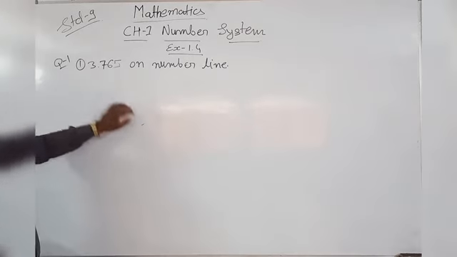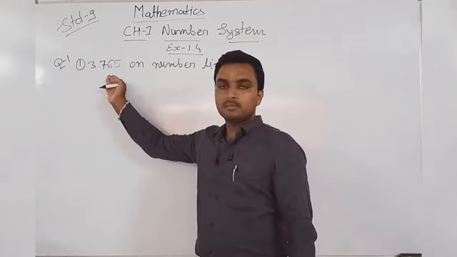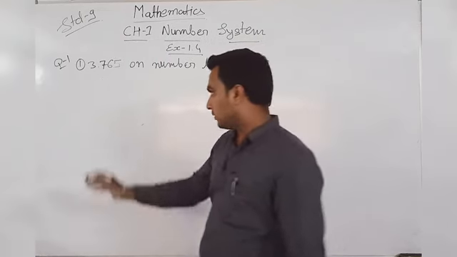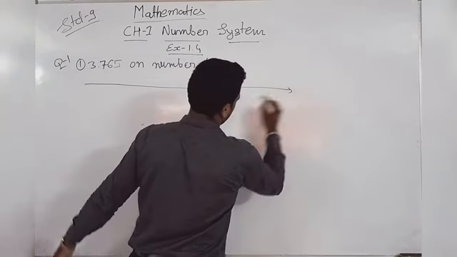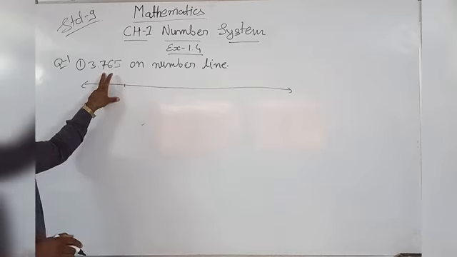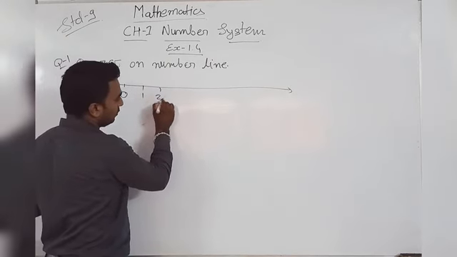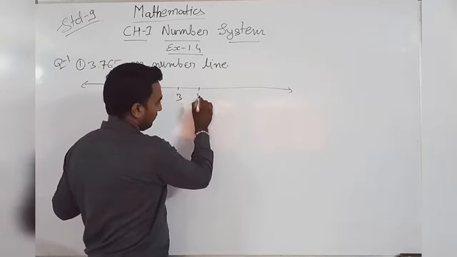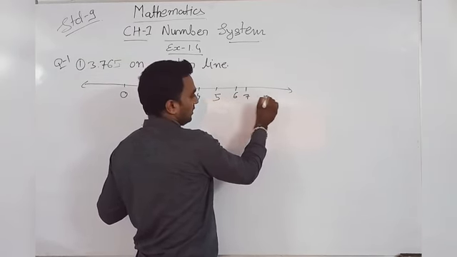First of all, we know that this number is coming between 3 and 4. Why? Because it is a positive number, so we take 0, 1, 2, 3, 4, 5, 6, 7 and so on.